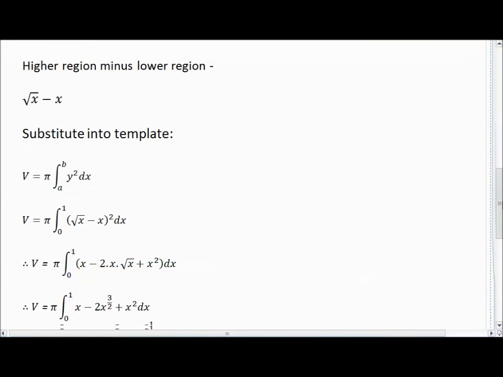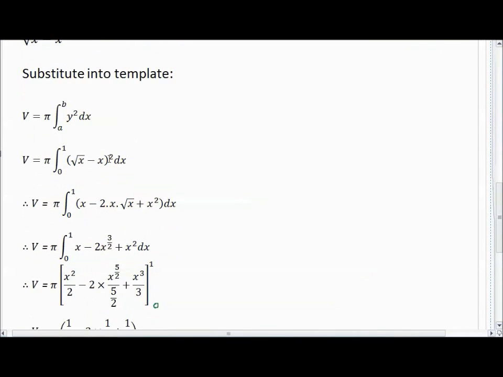And remember how to square a perfect square. It's the first term squared, so the square root of x squared is just x, minus twice the product. Product means times. That's what these little dots here mean too. Twice the product of the inside term, so minus 2 times x times the square root of x, plus the last term squared. So x squared is x squared.